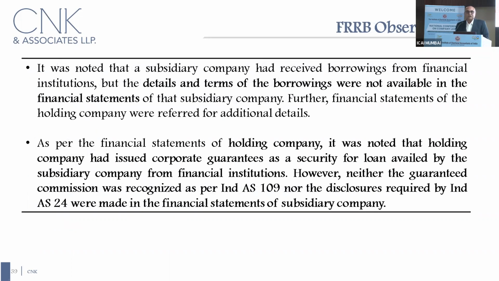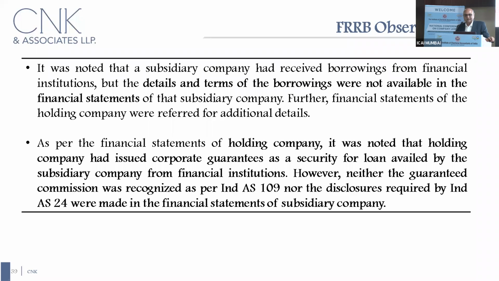Now, FRRB also closely observes what are the disclosures made by several companies in their financial statements, and on this FRRB has observed that a subsidiary had received borrowings from a financial institution. Details of the borrowings were not available. And as per financial statements of the holding company, it was noted that there were corporate guarantees which were issued.